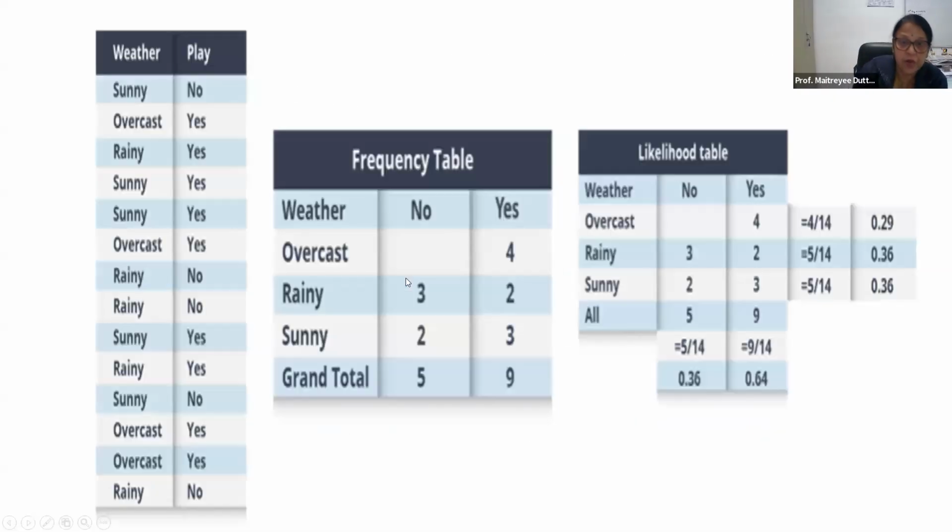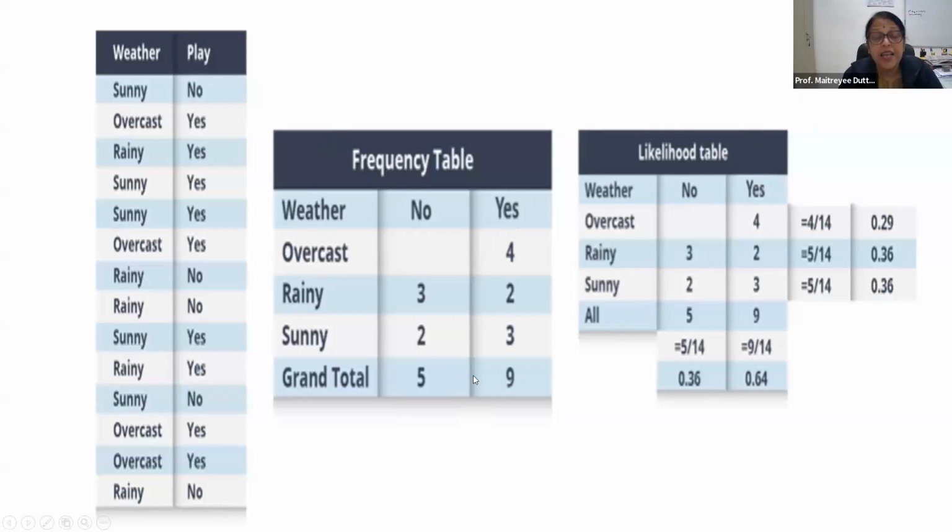Now, let us see here. What do you mean by this? Conditional probability of any class. Class means, for example, yes, for example, no. Corresponding to your input. What is your input? Maybe overcast, maybe rainy, maybe sunny.